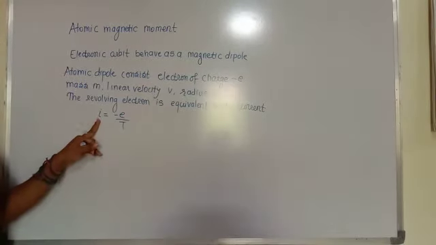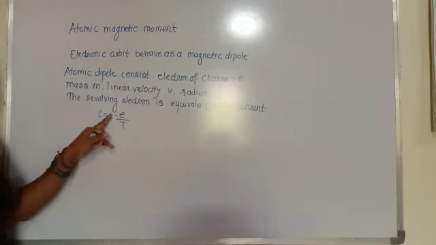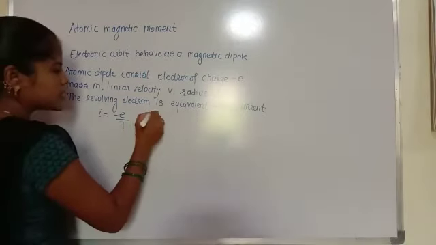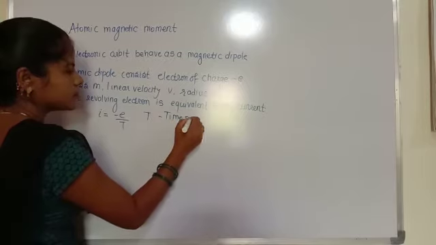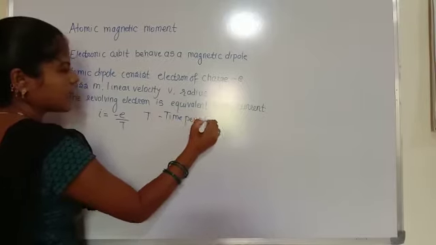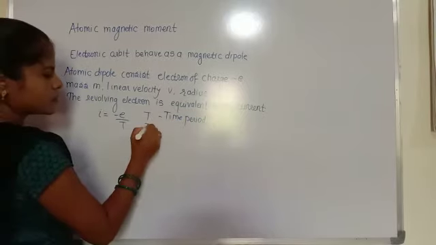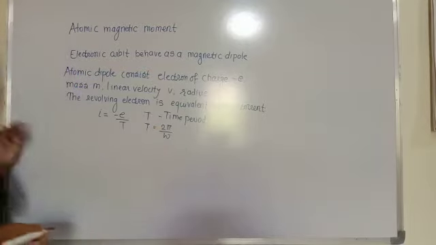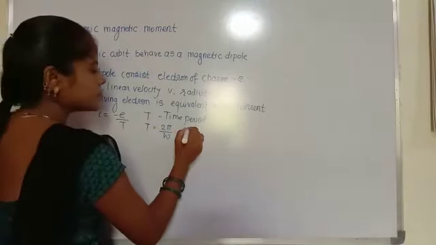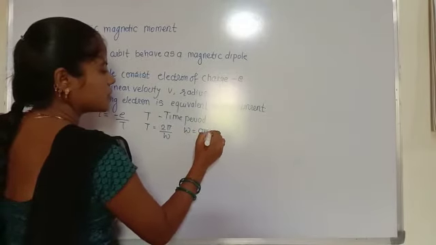The magnitude of the current is I equals minus e by T. Here T is the time period, and we already know T equals 2 pi by omega, where omega is the angular velocity.